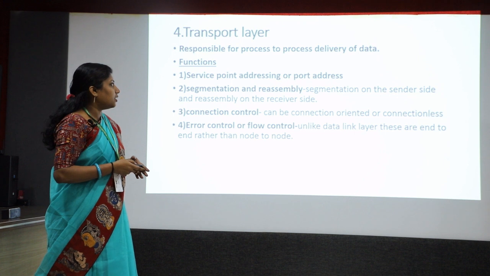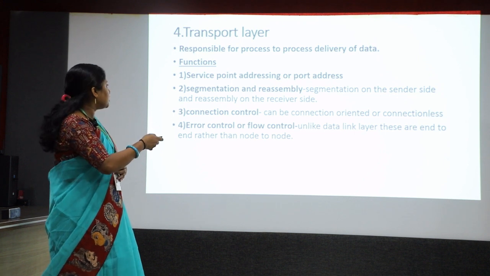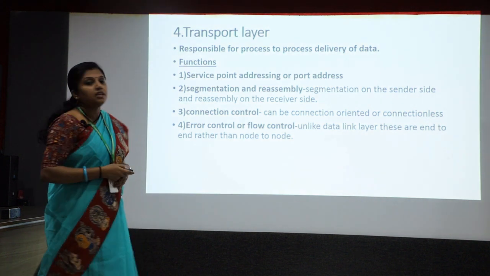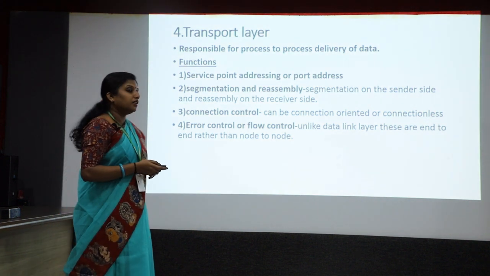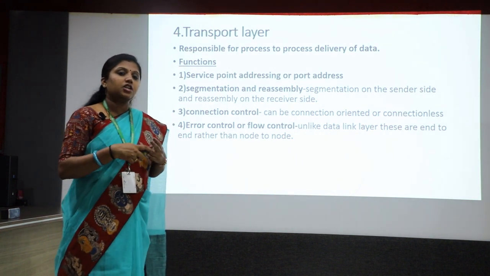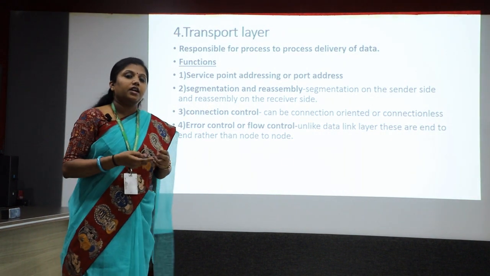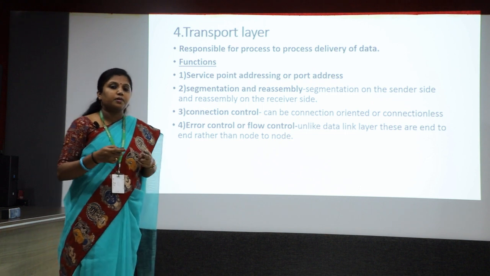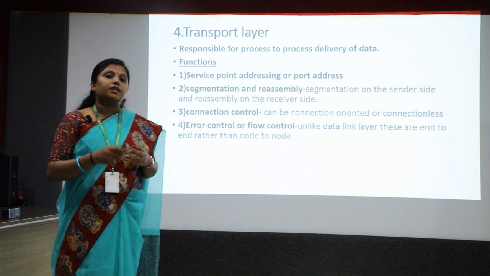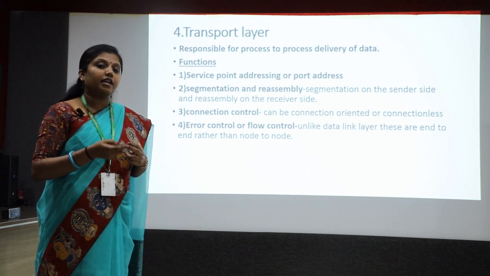And segmentation and reassembly: segmentation at the sender side and reassembly at the receiver side of the data is done by the transport layer. And connection control: we have two different types of connections, either connectionless or connection oriented. In connectionless, there is no acknowledgement mechanism from the receiver to the sender, but in connection oriented there will be an acknowledgement mechanism.